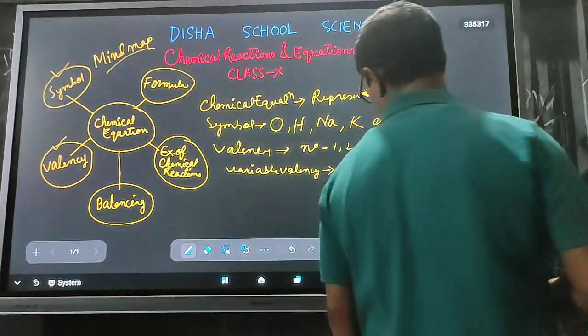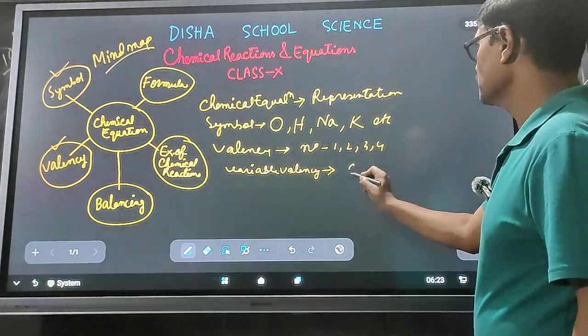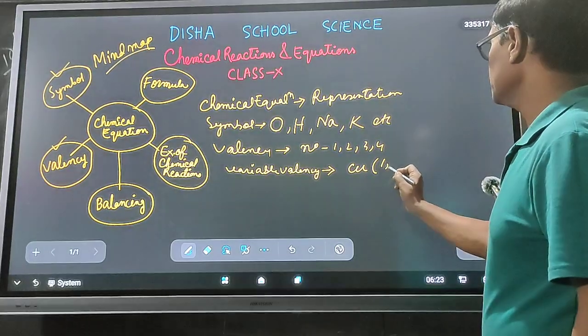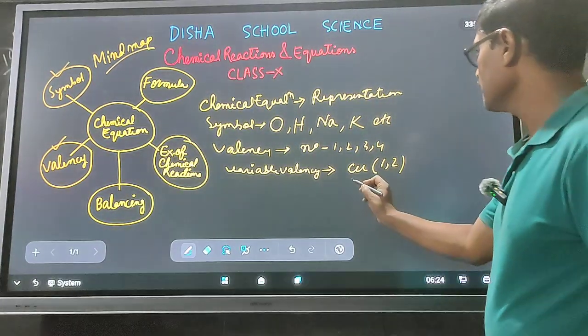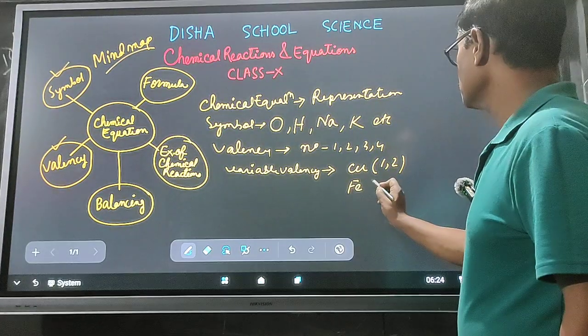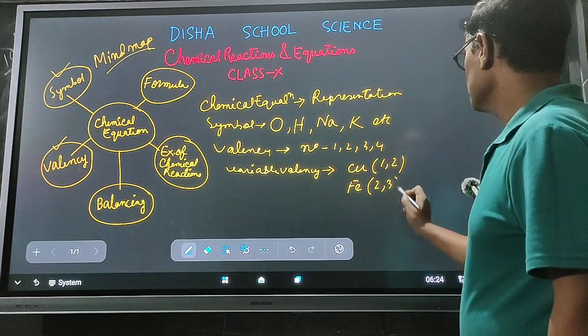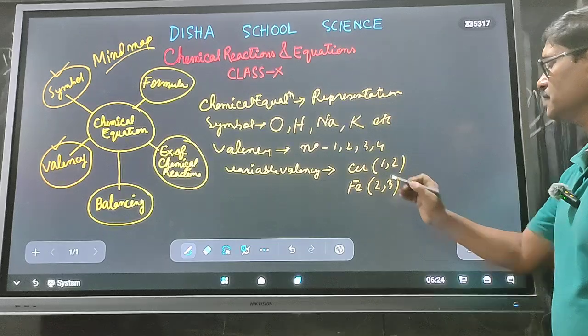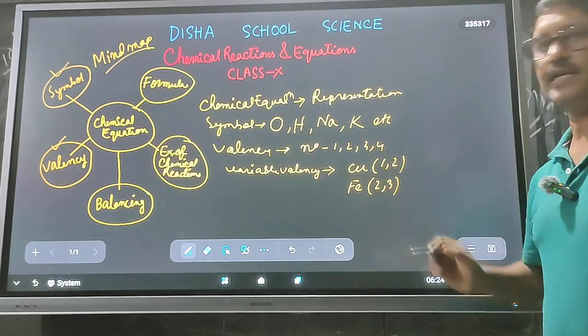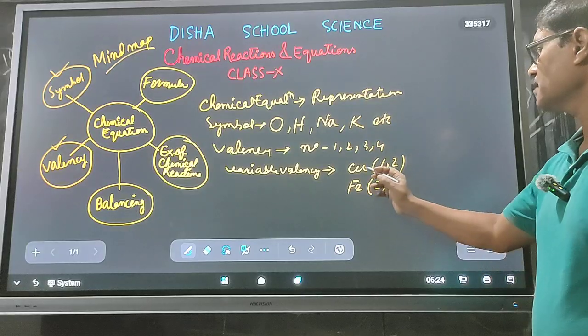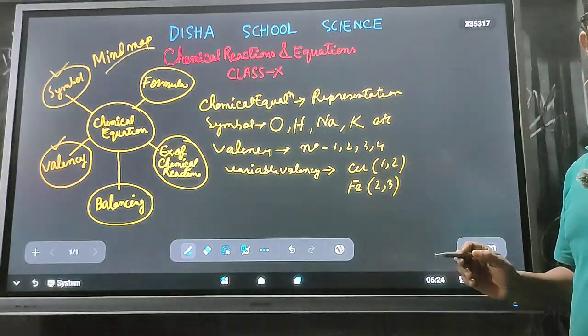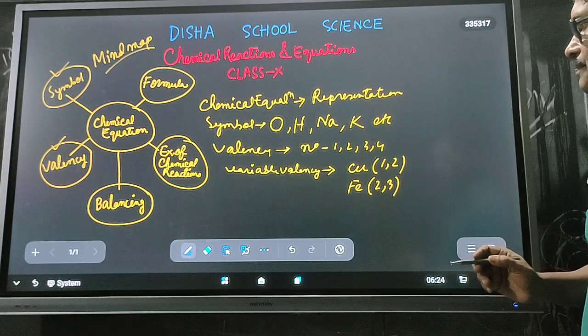For example, copper, Cu, it shows valency 1 and 2. Similarly, iron, it shows valency 2 and 3. So basically, class 10 students, you should know this copper and iron. Mostly in reactions, copper and iron is there. So you should know this variable valency.